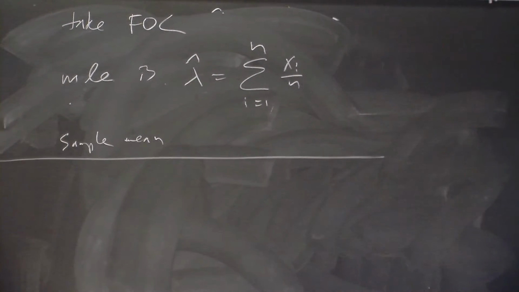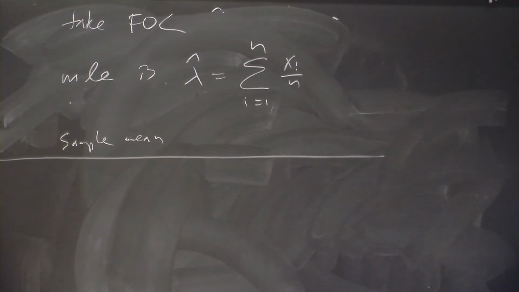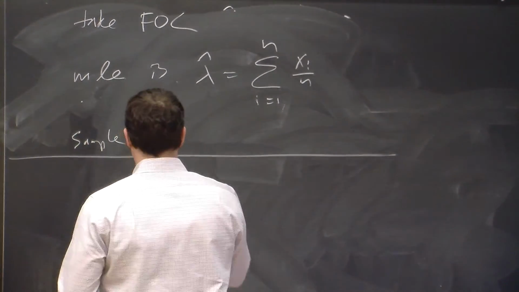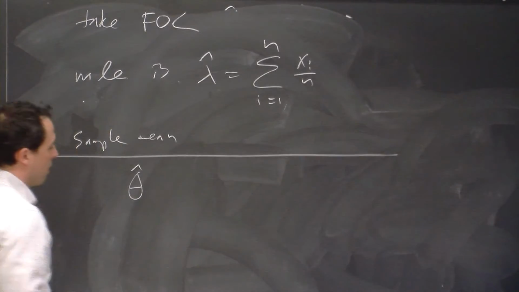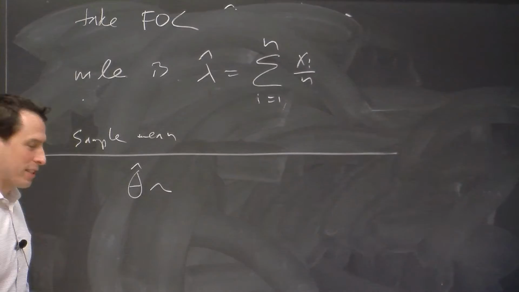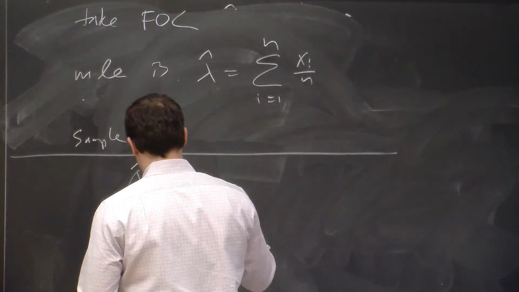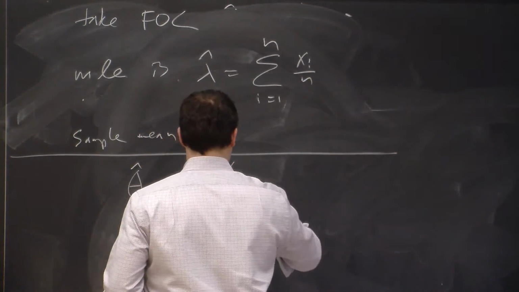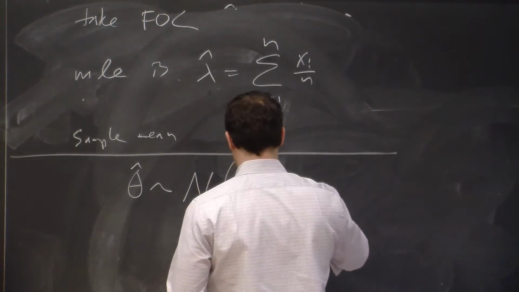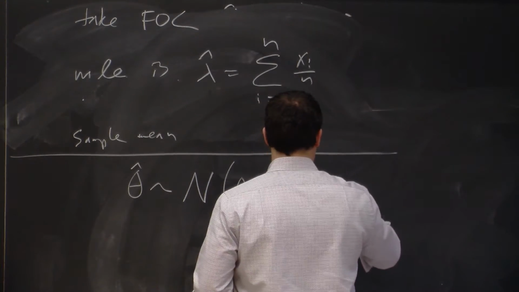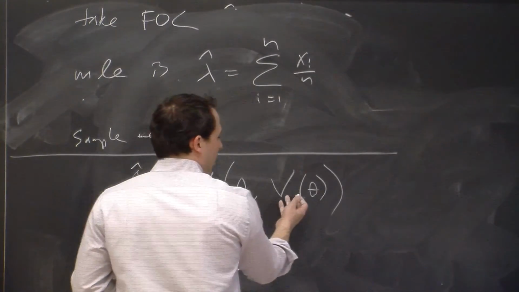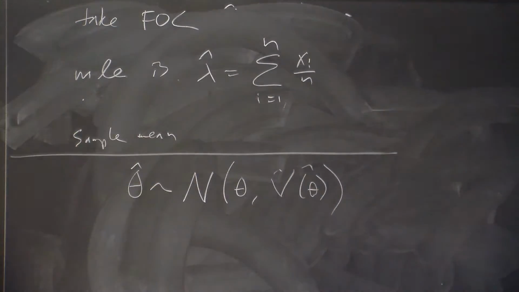Assuming that the technical conditions we need for asymptotic normality hold, our theta hat, as a function of the data, is a random variable, and it's approximately normal with mean the true mean, and some variance. And of course, we don't know the true mean and we don't know the true variance, so we have to estimate these things.